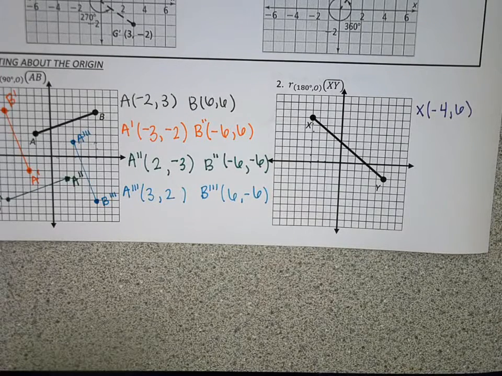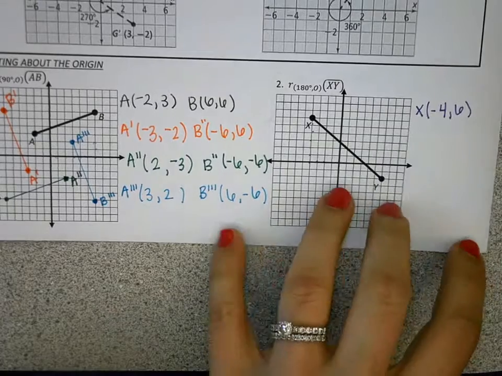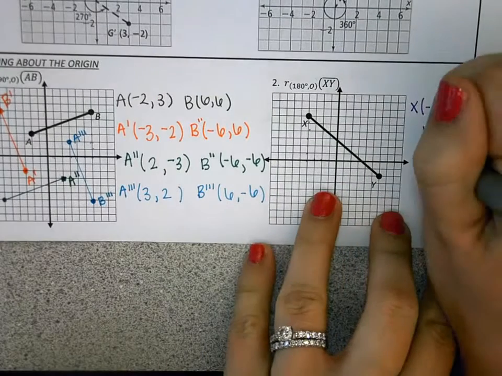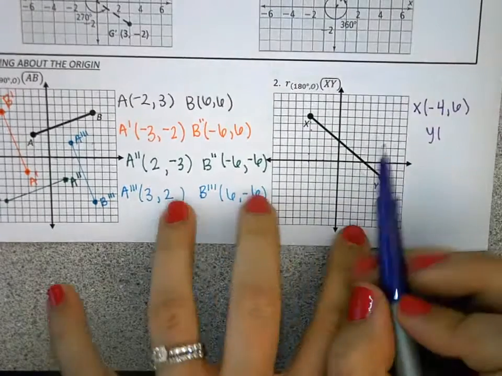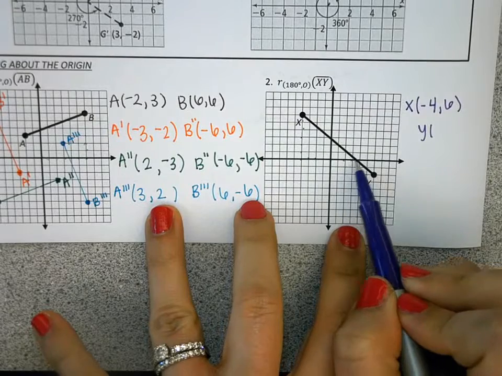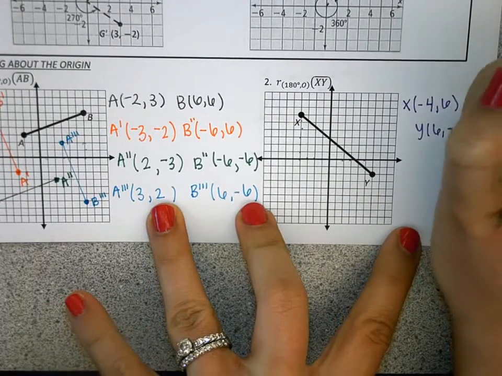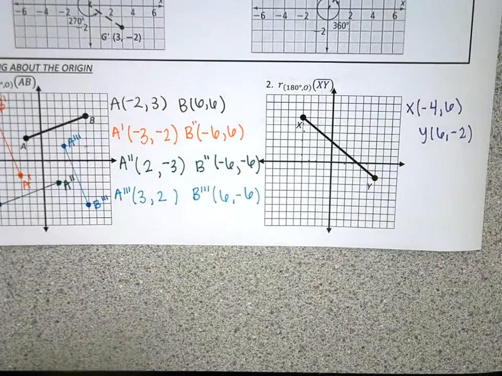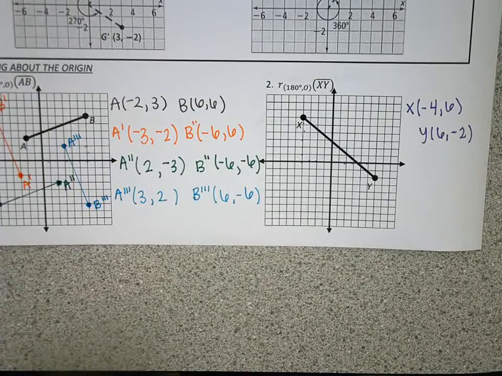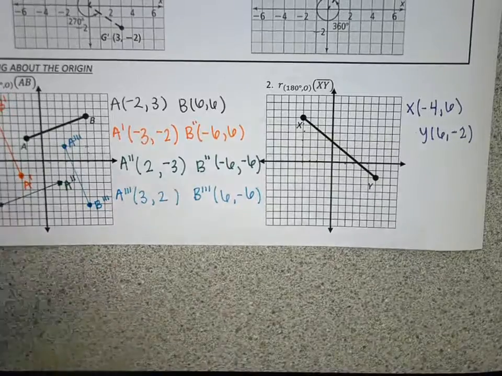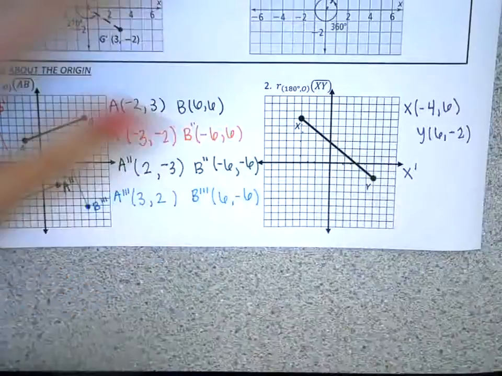Then I ran out of room, so I'm just going to do the Y right here. The Y coordinate is at 6, negative 2. And then using the rule, I write out what X prime, Y prime are going to be. So let's look at our box.